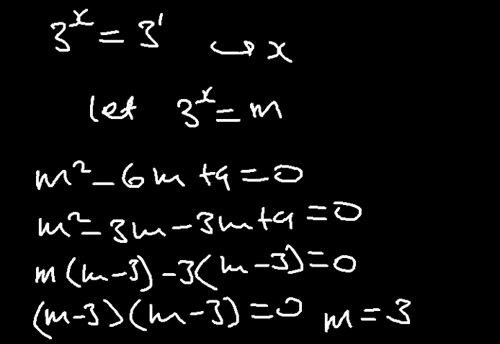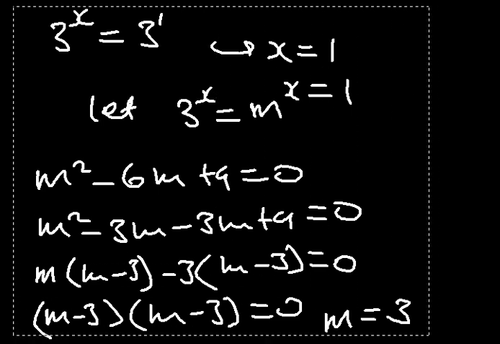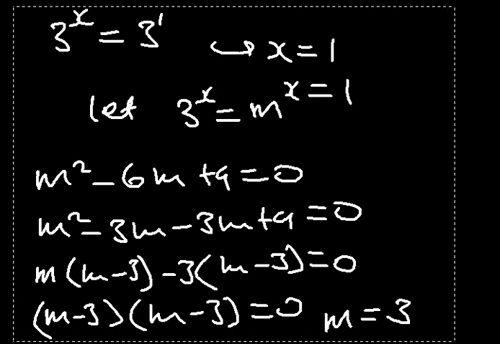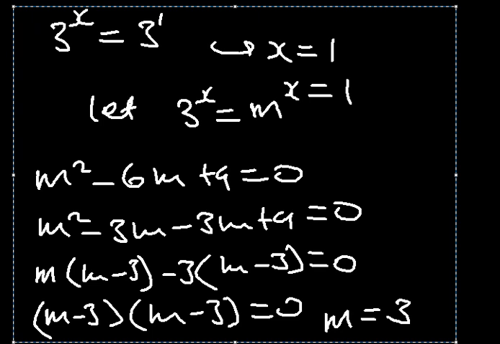So x is given as 1, and the other x is also given as 1, since we have the same value of m, which is 3. It means we have two values of x, 1 and 1, and they are the same. So take note of that.